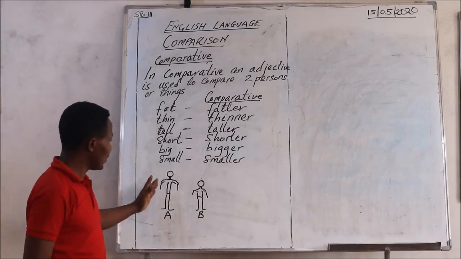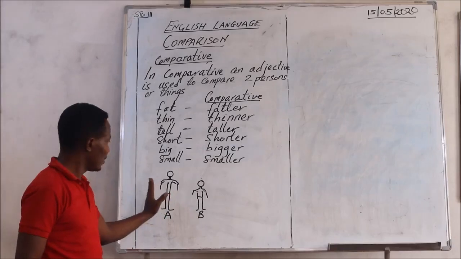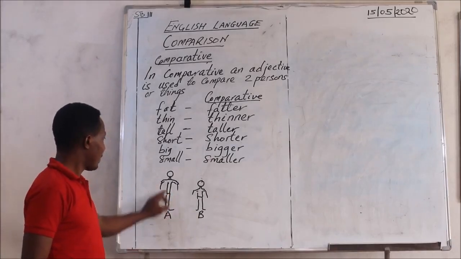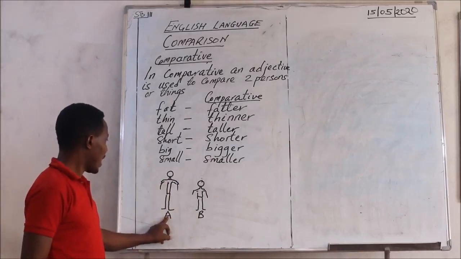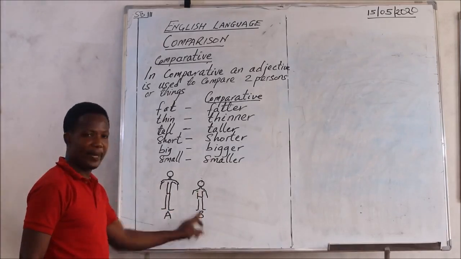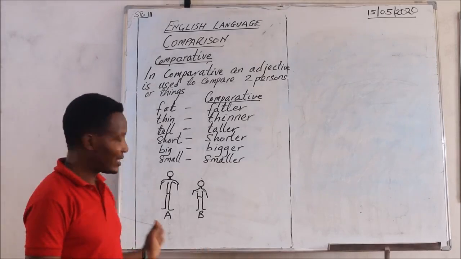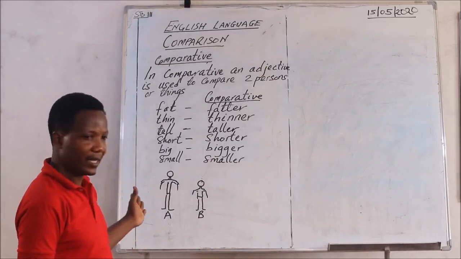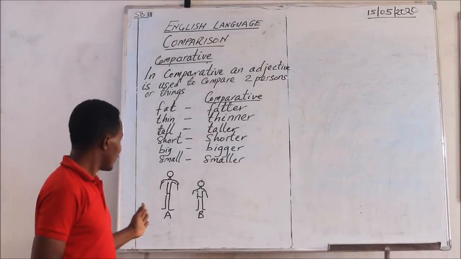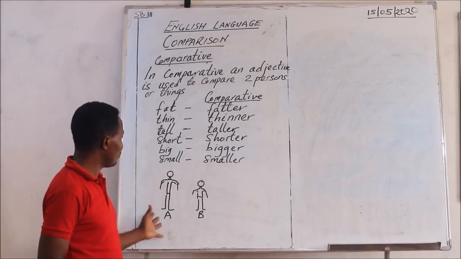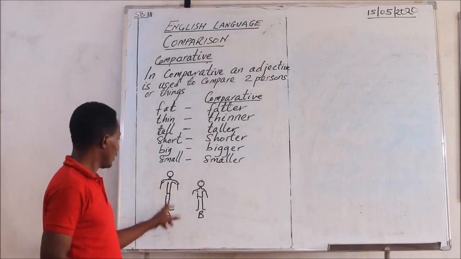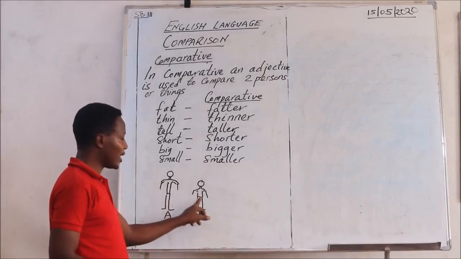As you can see in these two pictures, we have a picture in letter A and another picture in letter B. Now, you can start comparing. It is simple to compare between the picture in A and that of B.